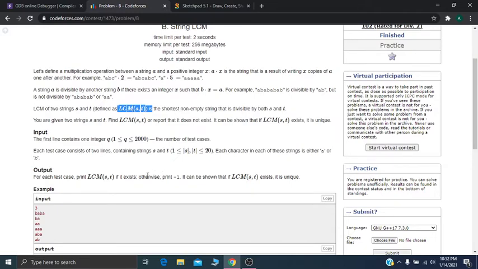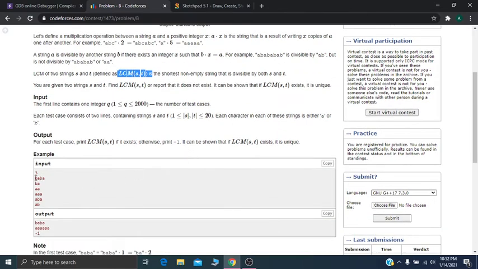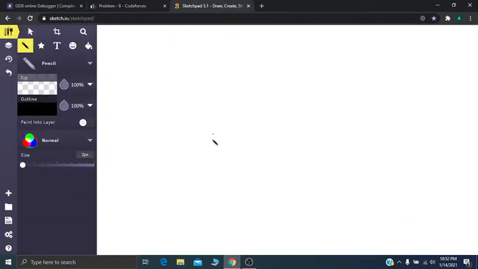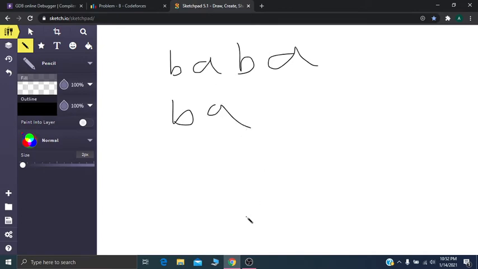So let's take one example. Let's say we have these two strings here, BA and BA. This is one string and this is another one. In terms of numbers, we always try to find the lowest common multiple.